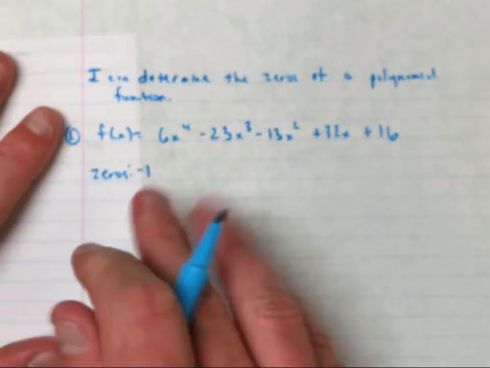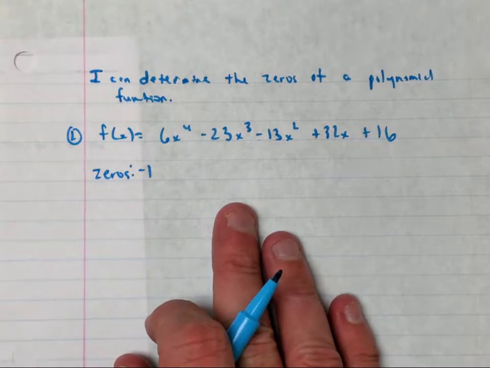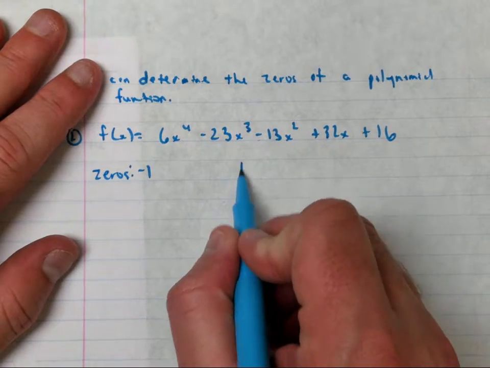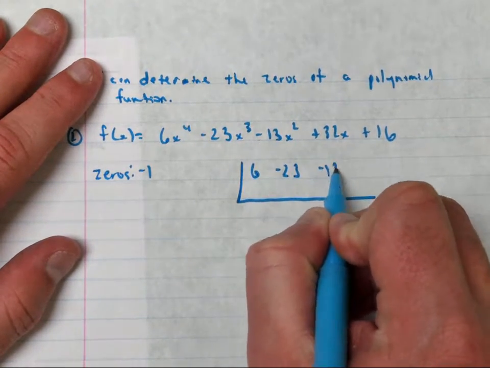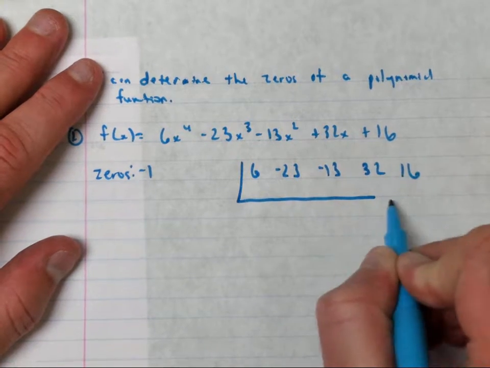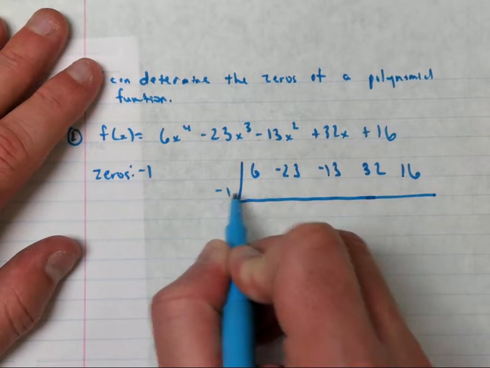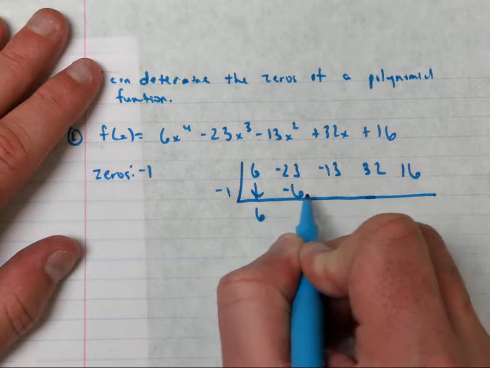Now I'm going to use this 0 to break this down. To continue, I want to break this down to either I can factor it or it's quadratic and I can use the quadratic formula. Use that 0, bring it down, and do synthetic division.